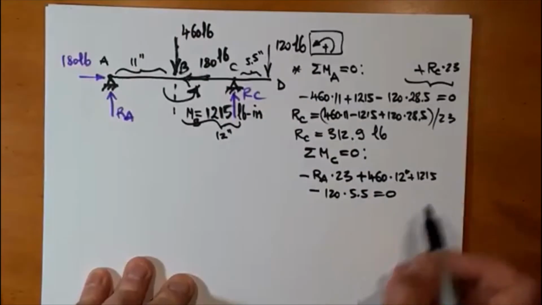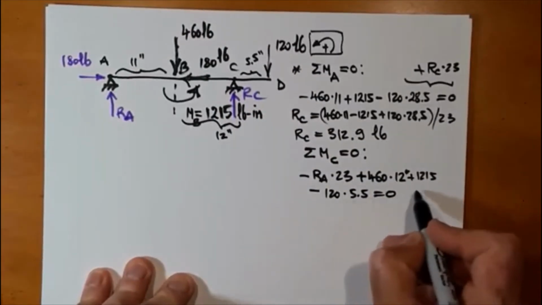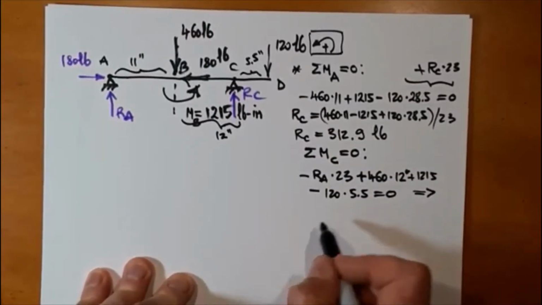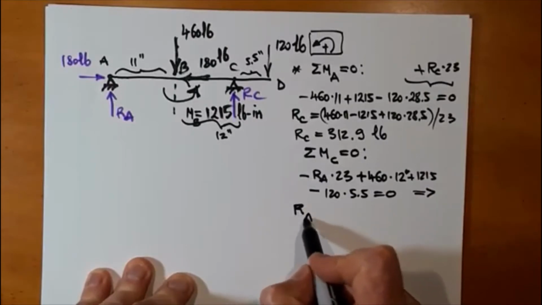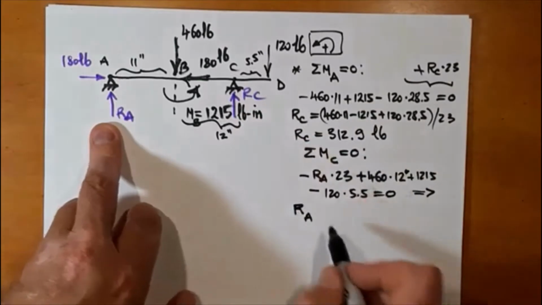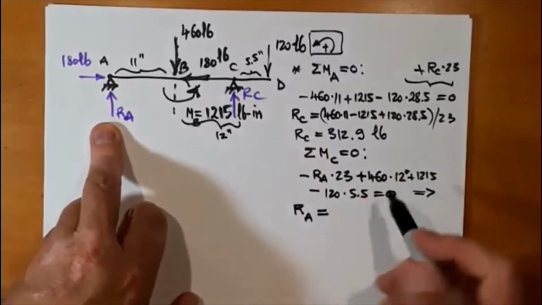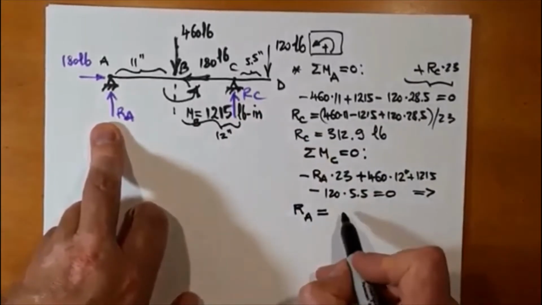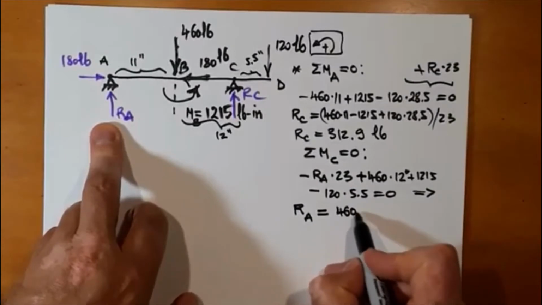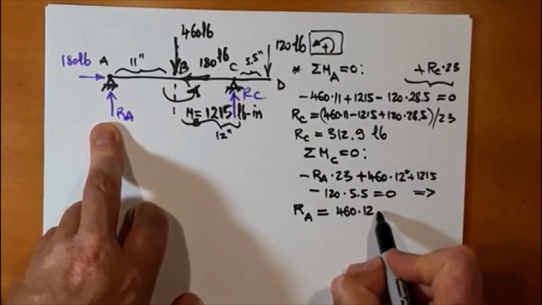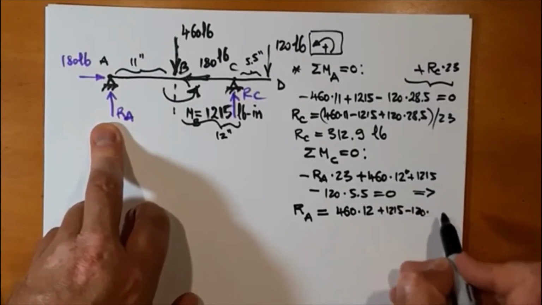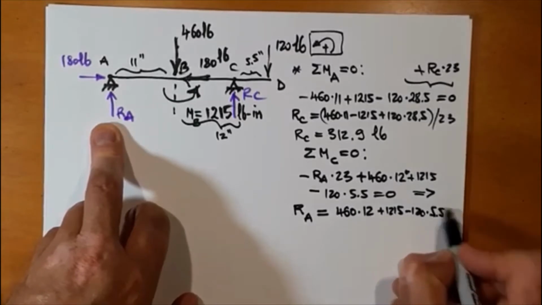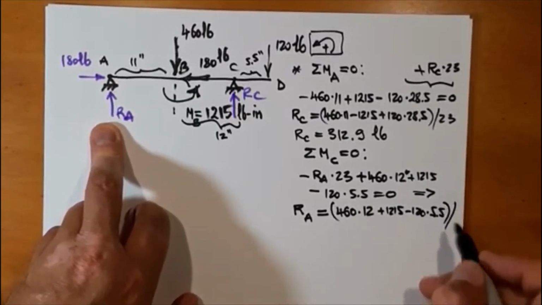So from here, this equation gets me the reaction at A in the y direction, RA, and this is going to be 460 times 12 plus 1215 minus 120 times 5.5, everything over 23.